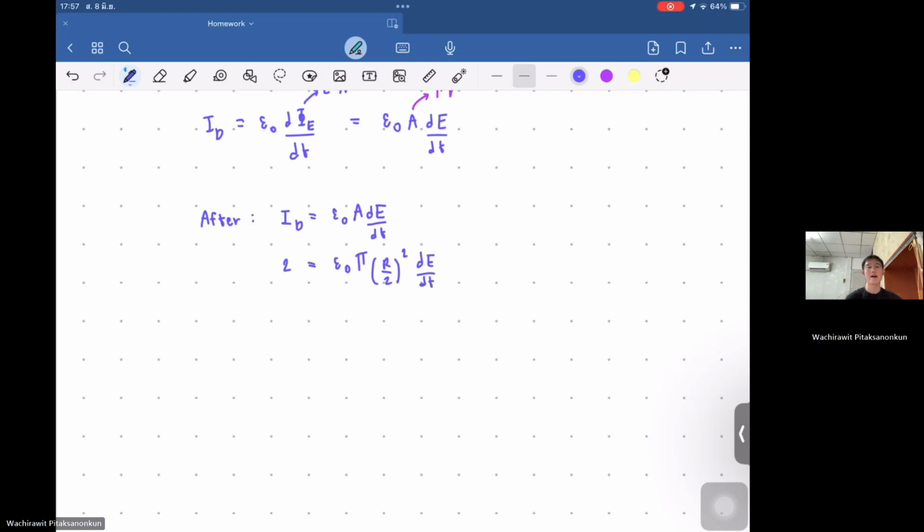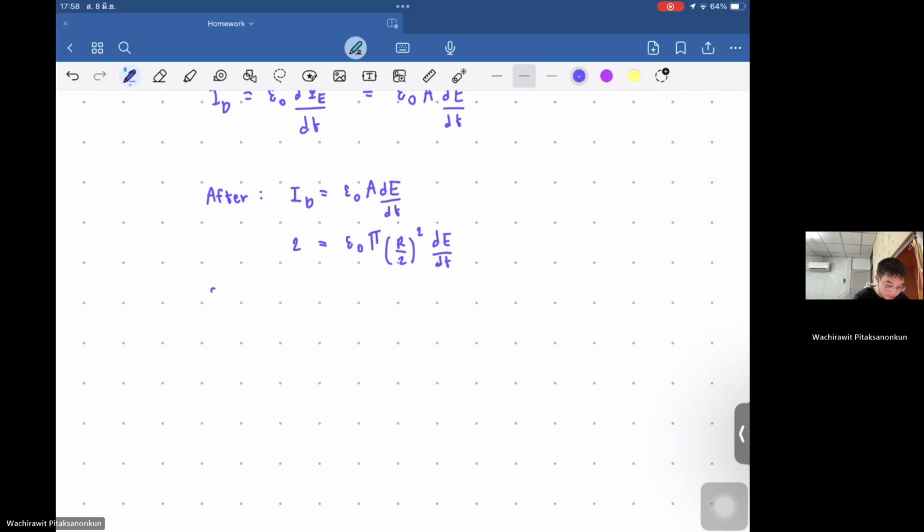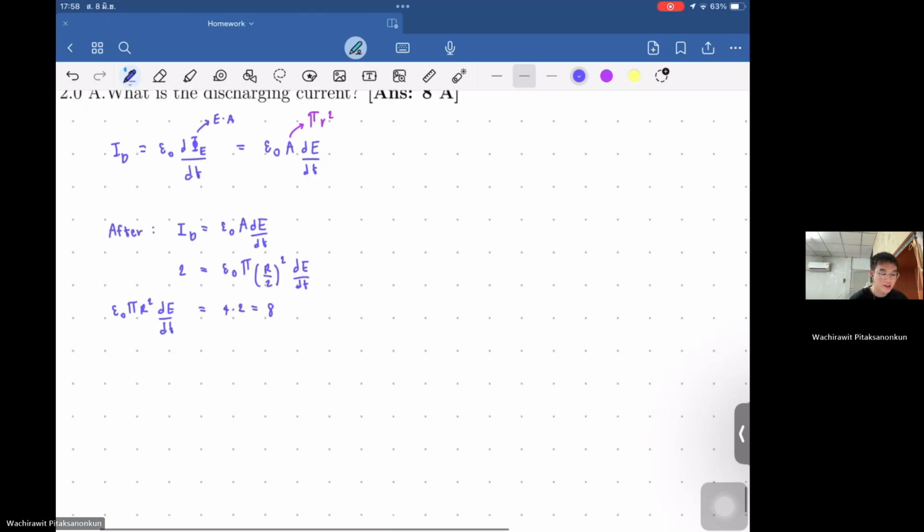Okay, and to see more clearly, we put the variable to the left and the number to the right. And this thing, 2 squared is 4. Move to the other side, so it's 4 multiplied by 2 equal to 8.